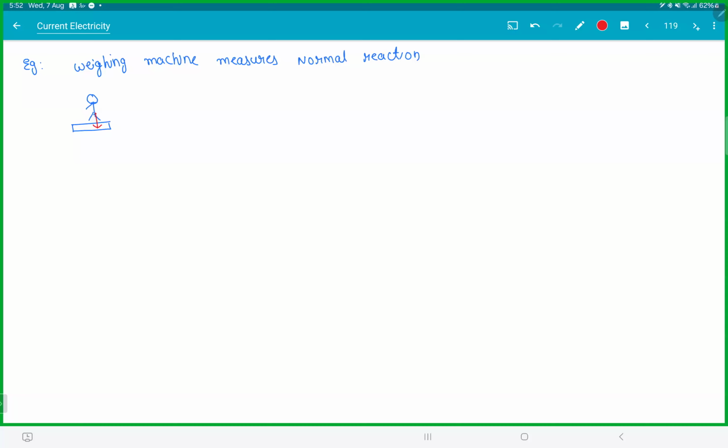So what it is measuring is N, but it shows N by g. So here also we're going to do something similar. So what we will do, here we know capital I is Ig into (1 plus Rg by R shunt). This entire term is the multiplying factor.